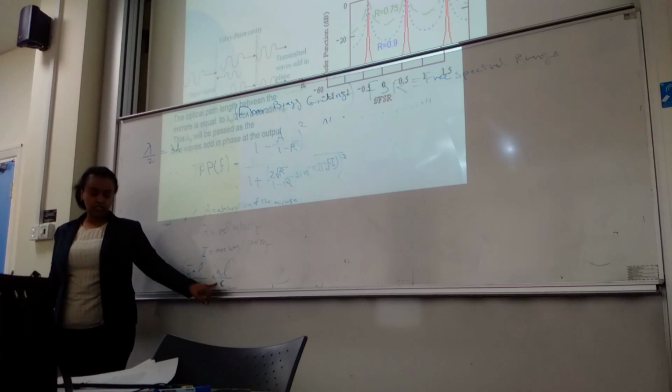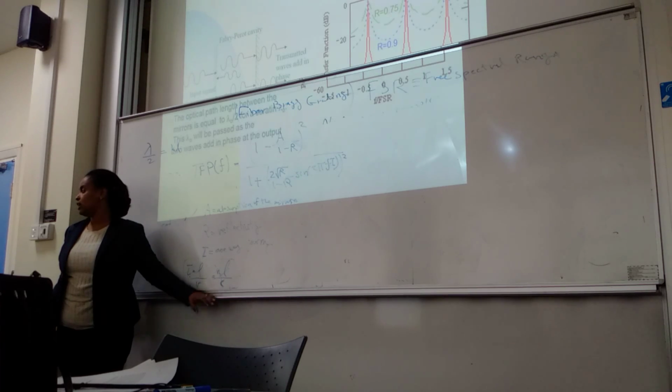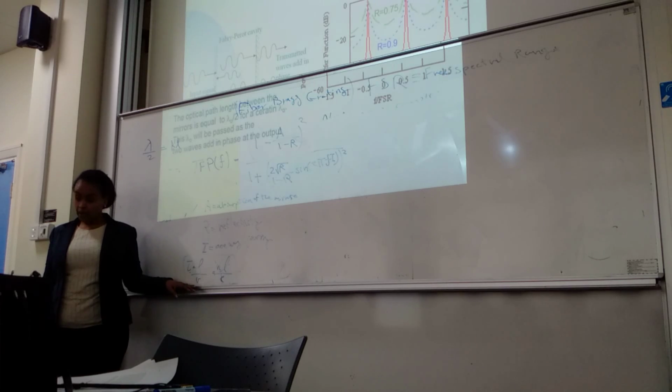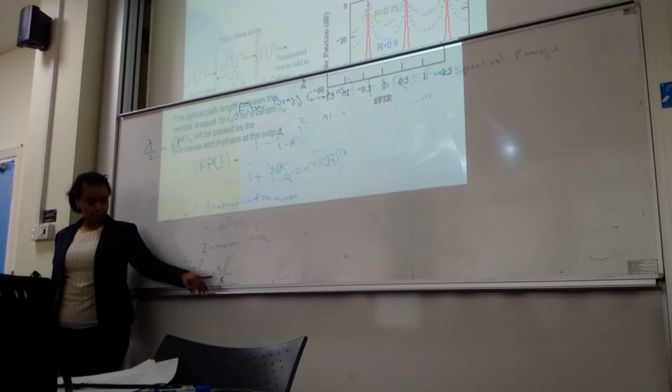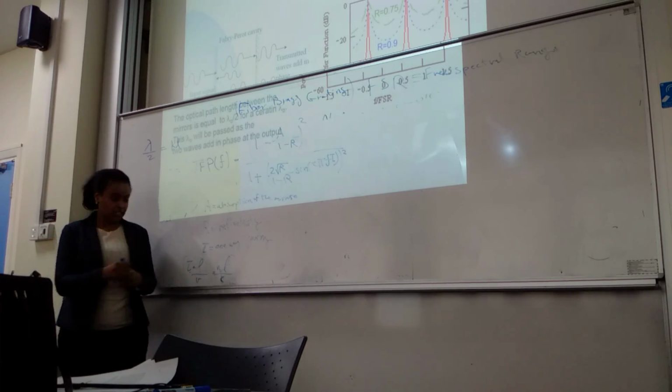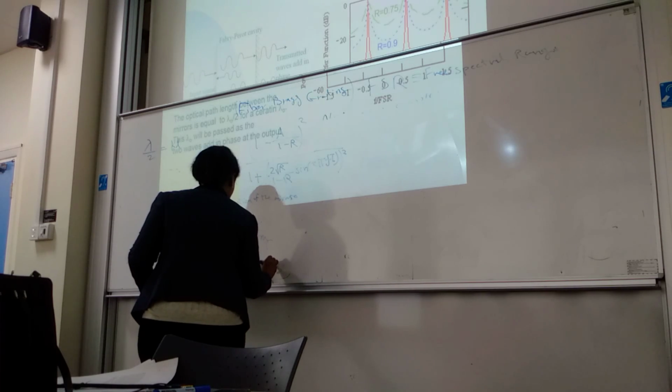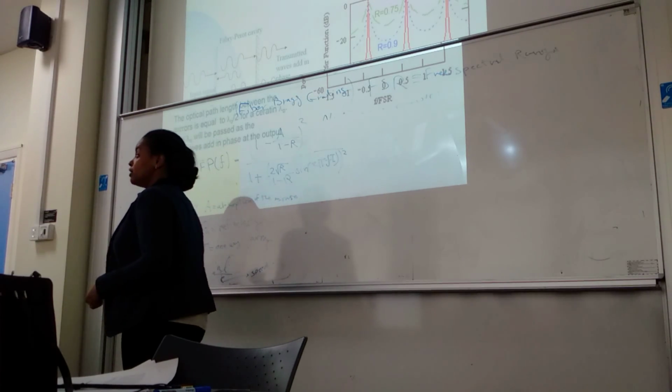And now we are putting it in terms of the speed of light in vacuum. c is the speed of light in vacuum, and n is the refractive index.